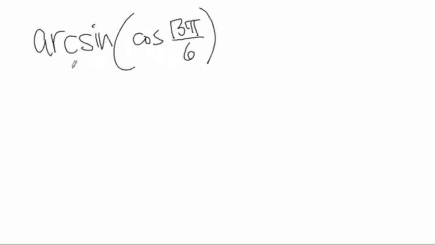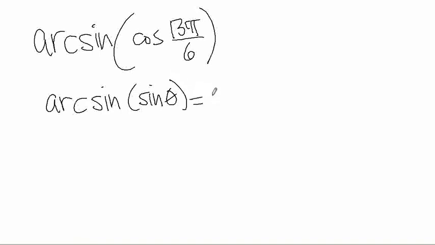So, to understand what I'm going to do, you need to first realize that the arcsine of the sine of theta is equal to theta, assuming that theta is in the limited domain that we've specified for sine. Okay? The reason that's true is because the sine and arcsine functions are inverses of each other with respect to a limited domain.